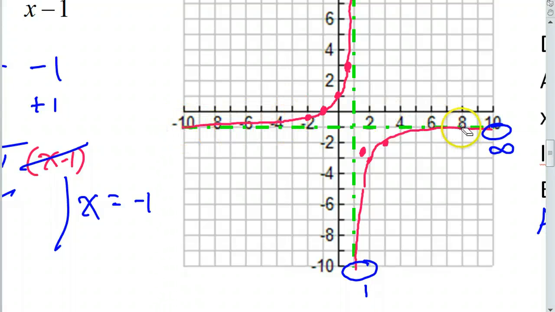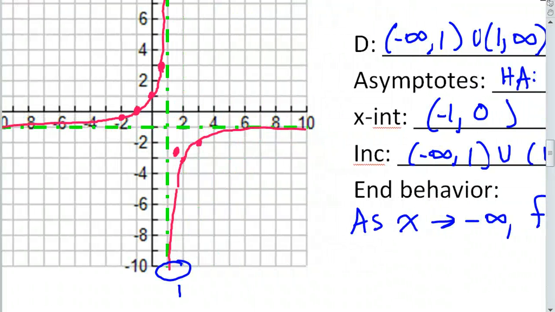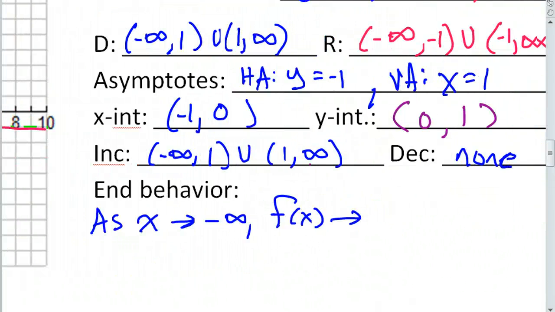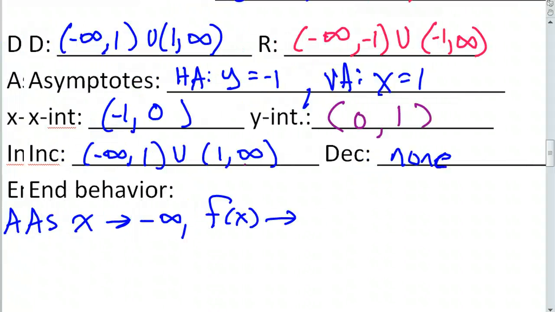Pretty much, if there's a horizontal asymptote, that's going to be your end behavior every single time. So on the left, it's approaching negative 1. On the right, what's happening? It's still the same asymptote, so it's approaching negative 1 on the left and the right. Anytime you've got a horizontal asymptote, that's what's going to happen. Let me just write that down.